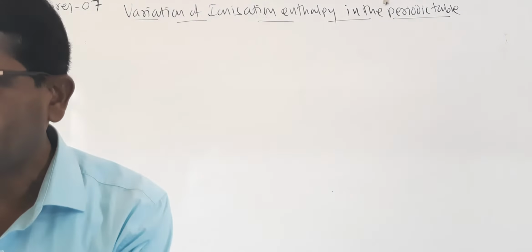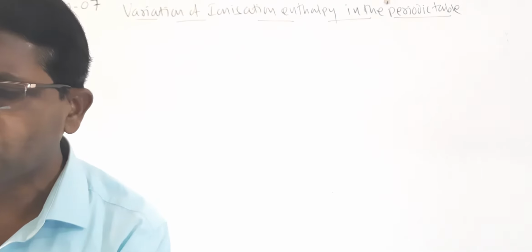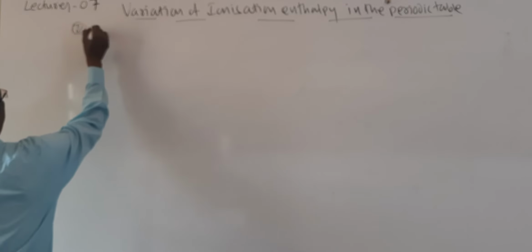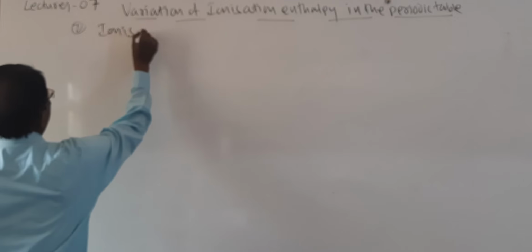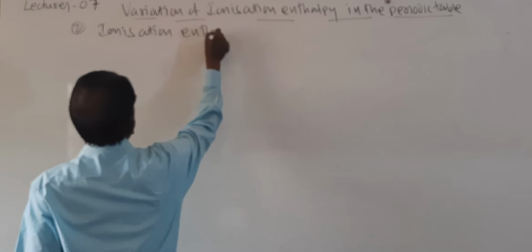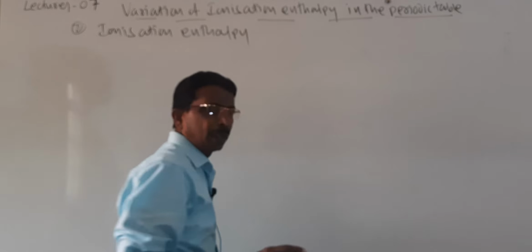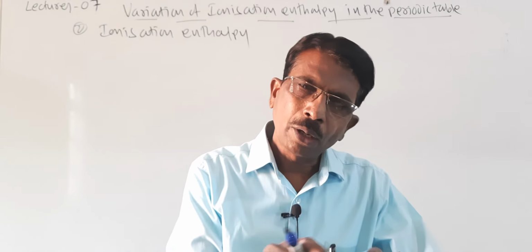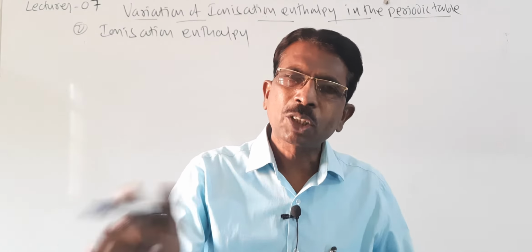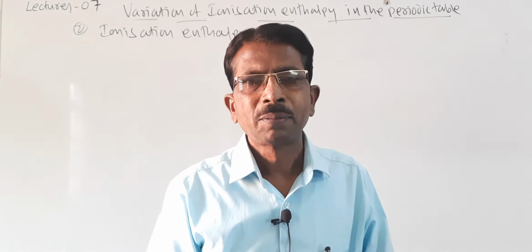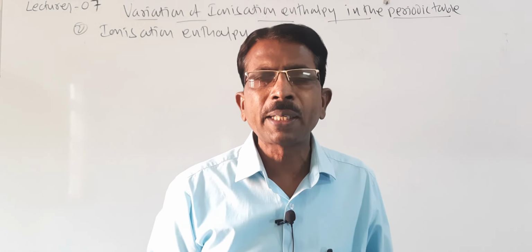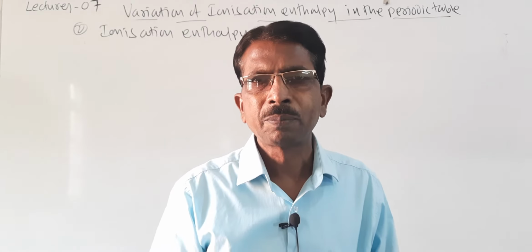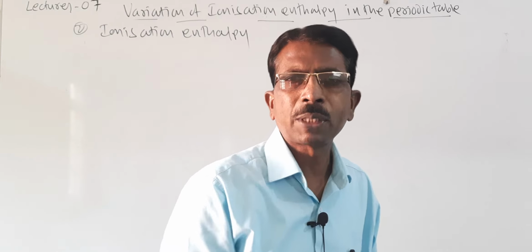Look here, if you move along the period, what happens to the ionization enthalpy? Second one, ionization enthalpy increases along the period, because along the period the electrons are added to the same shell. The principal shell does not increase, because the atomic number increases by only one: lithium, beryllium, boron, carbon, nitrogen, like this.